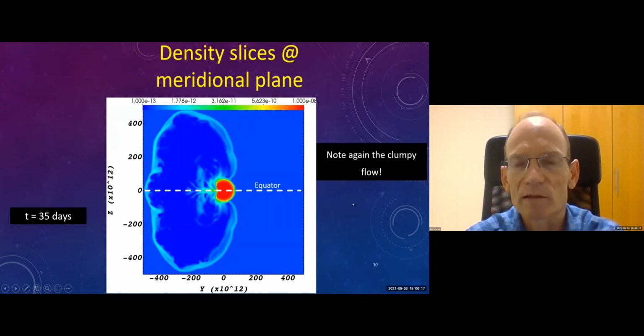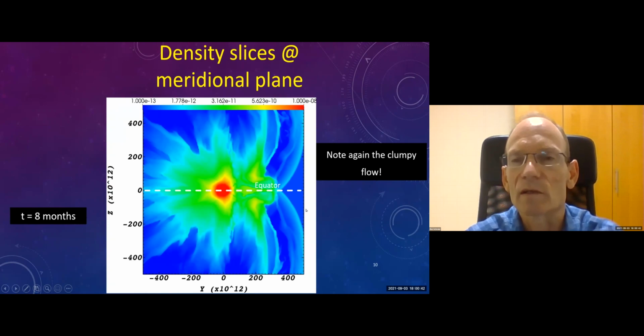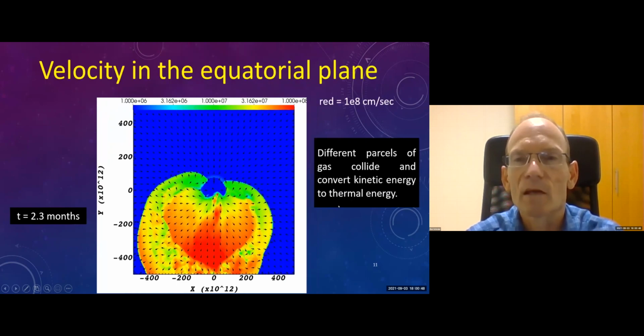If we look at the density maps in the meridional plane, this is the equator, we see up-down symmetry, but no more than that. We see a huge flow opposite to the entrance of the neutron star 35 days after the beginning, and 8 months after the beginning, we see a huge outflow on the outbound of the neutron star. Again, the flow is very clumpy.